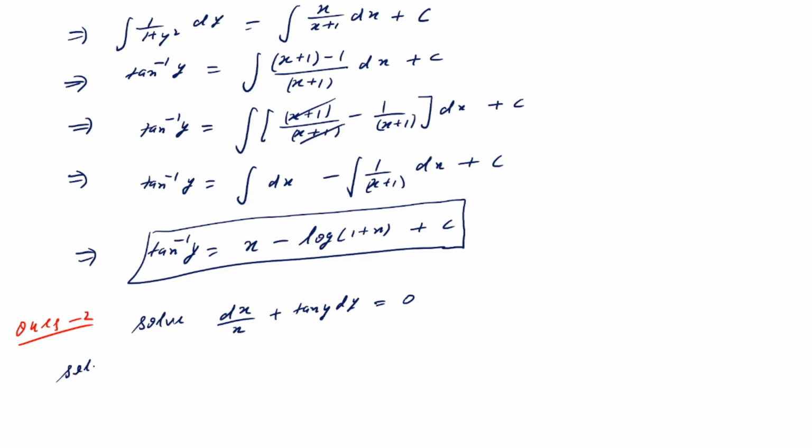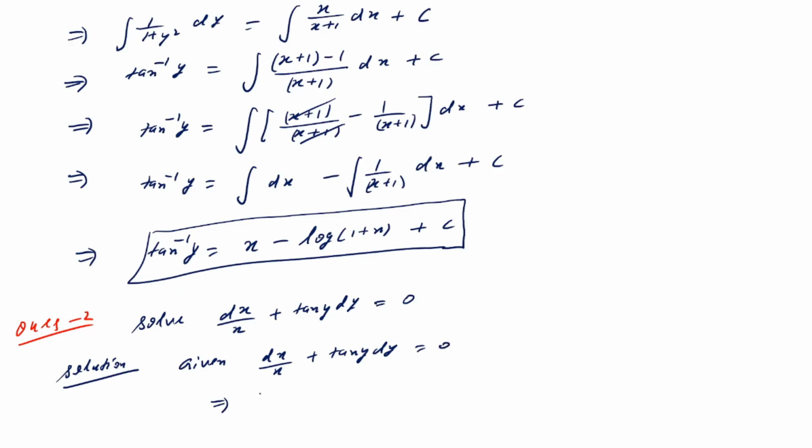Solution. Given dx upon x plus tan y dy is equal to 0.